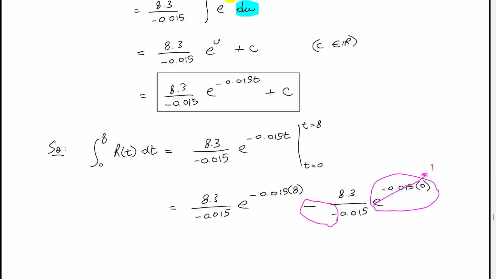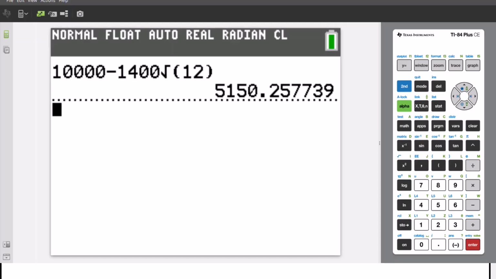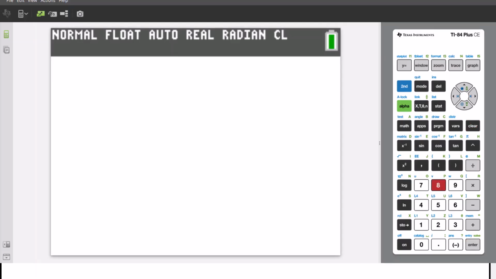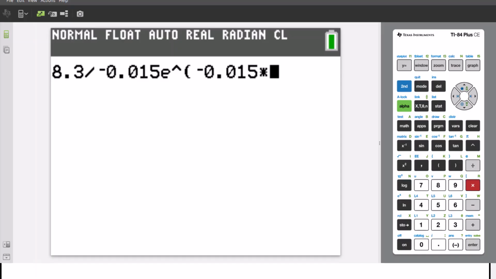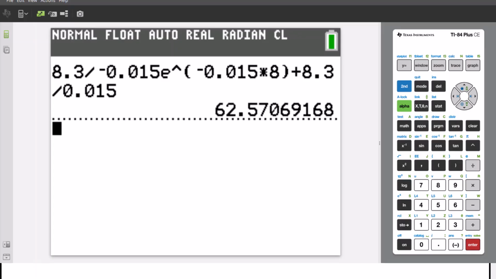So let's swap over to the calculator and type everything in. I've got my 8.3 first, and it should be divided by negative 0.015. Next to it, there's an exponential with e to the negative 0.015 multiplied by 8. And like we said, everything else, we're going to be adding 8.3 divided by 0.015. So I'm getting 62.5706.